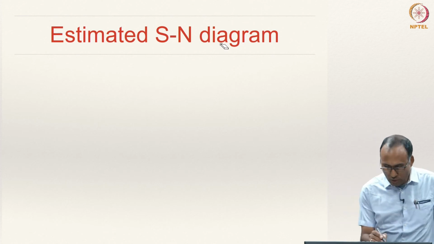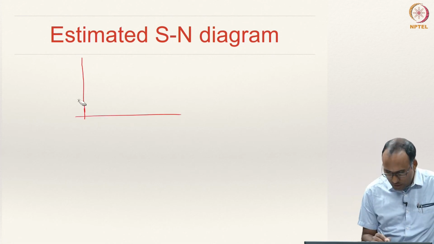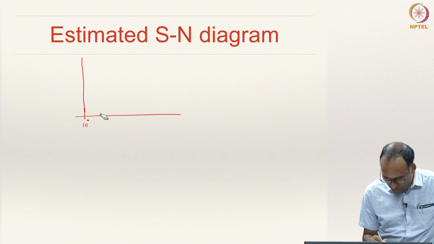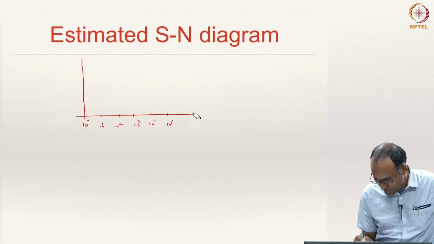Okay? So, how do we do that? So, you have 10 power 0 cycles, 10 power 1, 10 power 2 and 10 power 3, 10 power 4, 10 power 5, 10 power 6.